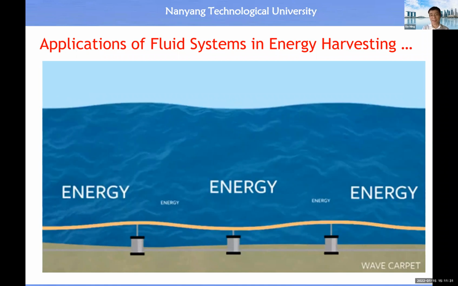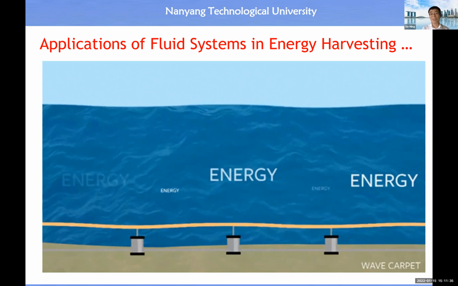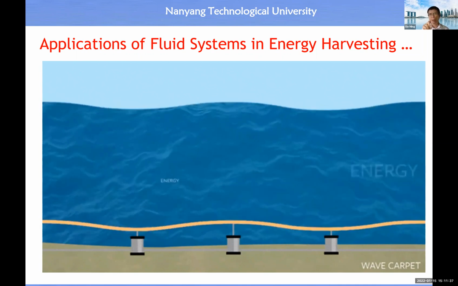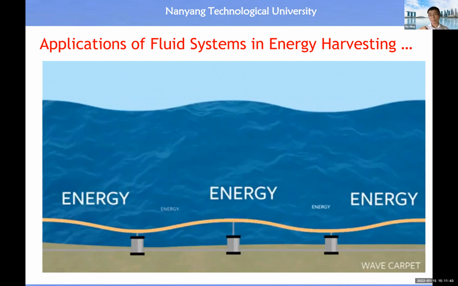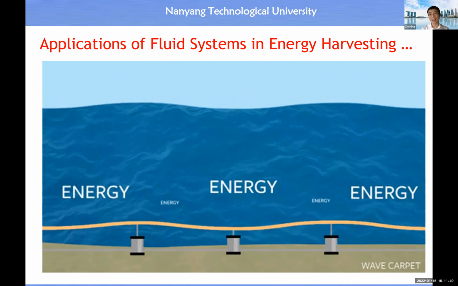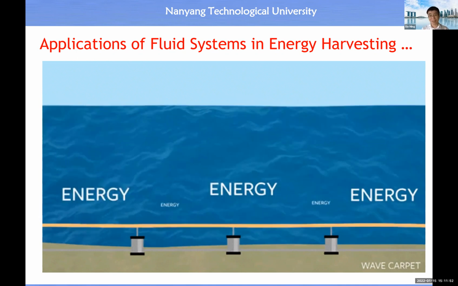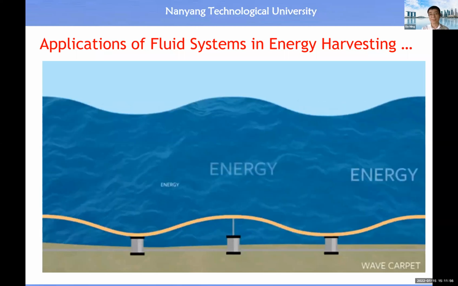There is a pressure wave in the vertical direction, and we can transform the pressure wave into kinetic energy of the harvesting device, and then transfer the kinetic energy into electricity. All right, so this is another very interesting application of a fluid system.